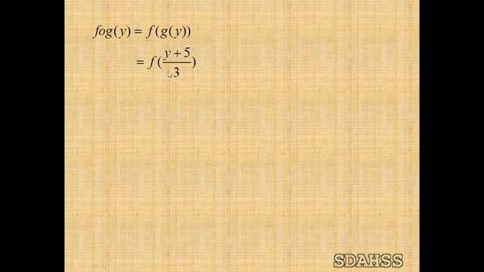We know that f of x is equal to 3 into x minus 5. So 3 into (y plus 5) by 3 minus 5. The 3 cancels, plus 5 minus 5 cancel. Then you have y. f dot g of y is equal to y.